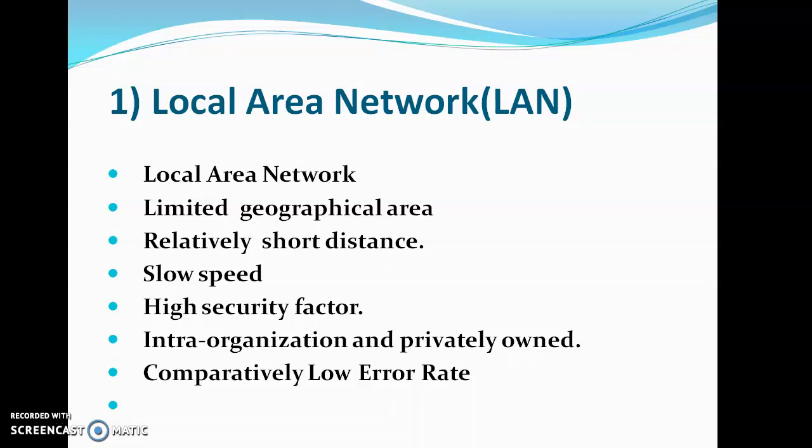It covers a relatively short distance, which ranges maybe within only a few kilometers. The speed of this network is quite slow when you compare it with the other higher types of network. But when you use it only within a small network, it's fine, it is acceptable. But when you compare it with the other networks, this is comparatively very slow.